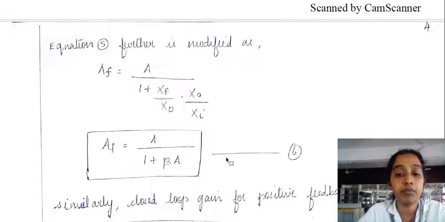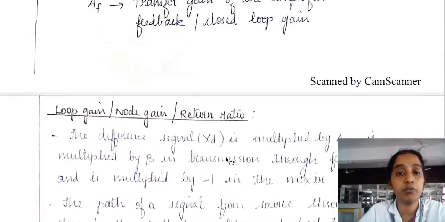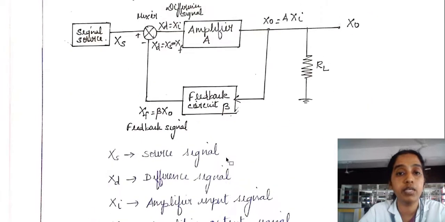Similarly, if I substitute the value for a positive feedback amplifier, what is positive feedback? Here, if I give a positive sign, what will be my difference signal? Xs plus Xf.